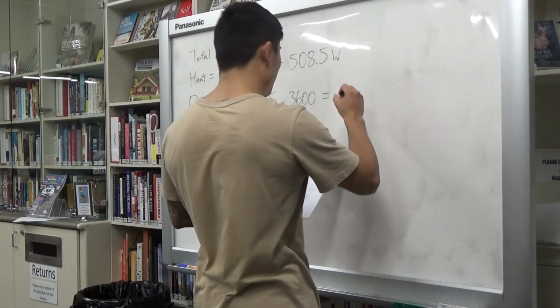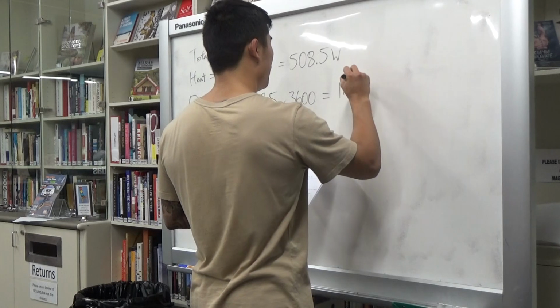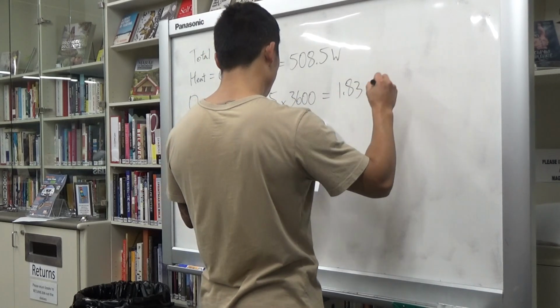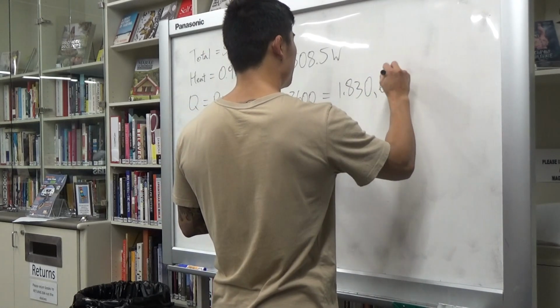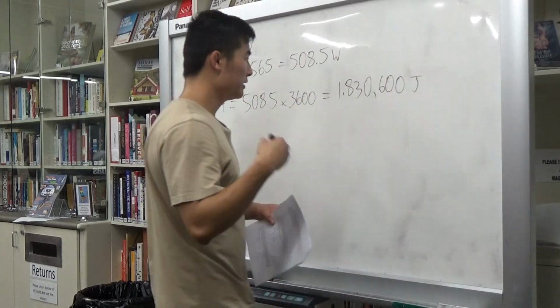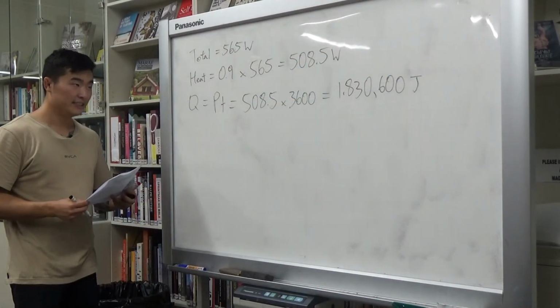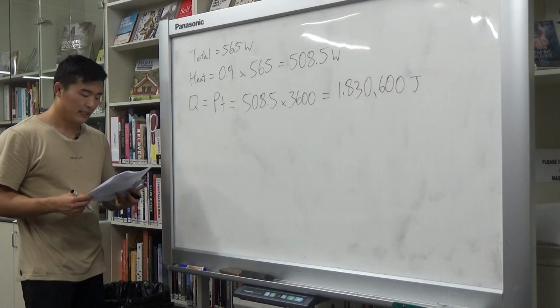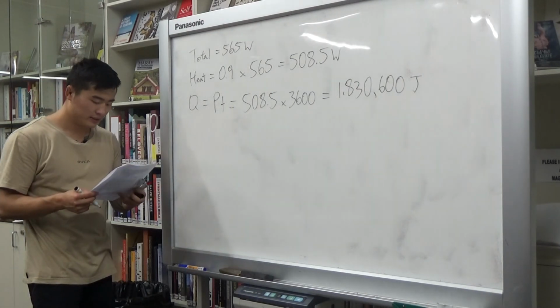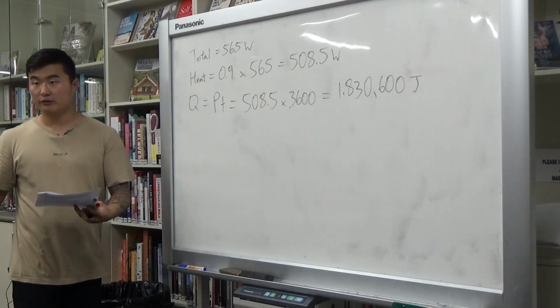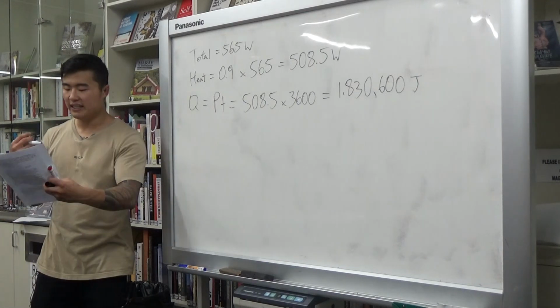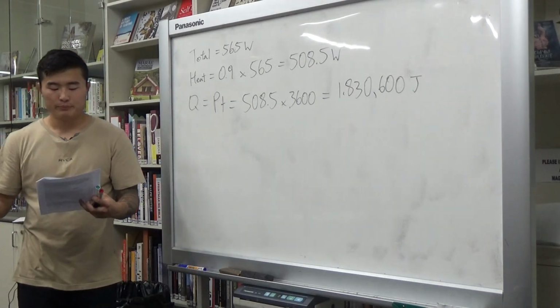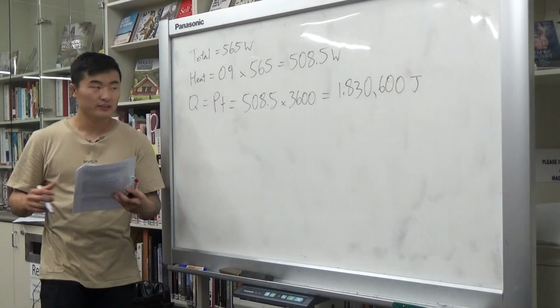And that will give you 1,830,600 joules. So that's the heat energy that he's produced, and that's the amount that he has to lose. And he's going to lose that through evaporation. So remember that the evaporation of sweat is what cools us down.